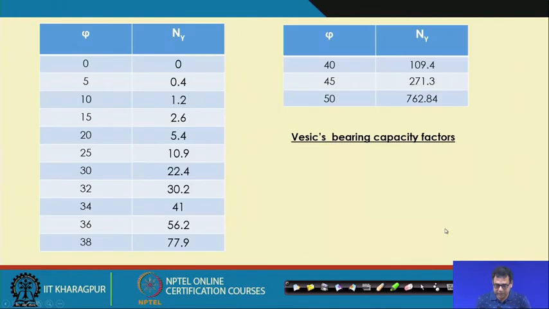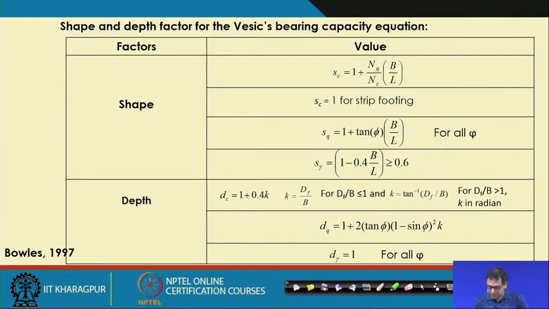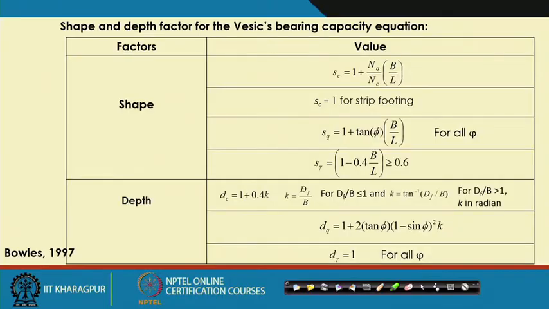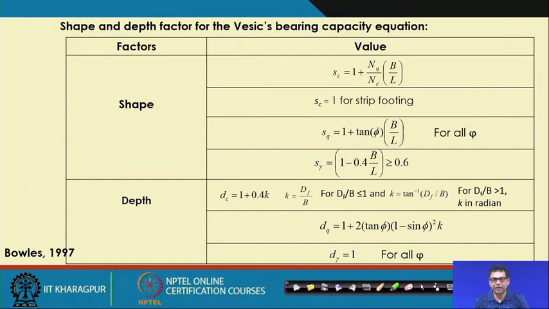So, this is the shape factor for Weissig's bearing capacity equation. But the difference is that in case of Hansen's, we use the effective dimension for the shape factor, but we did not use the effective dimension for the depth factor. But here, for both shape factor and depth factor, we will not use the effective dimension.